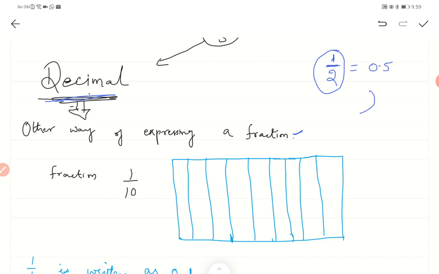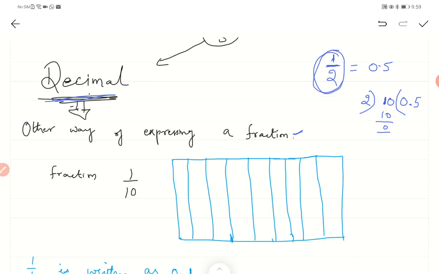How? I need to divide 1 divided by 2, isn't it? So this 1 will not come in 2 table. So what we will do is we will place a point. Okay, this point will give us the chance to put 0 here. Here 2 5s is 10. So my remainder is 0 now.